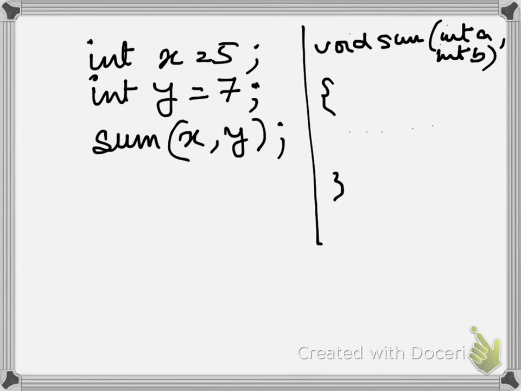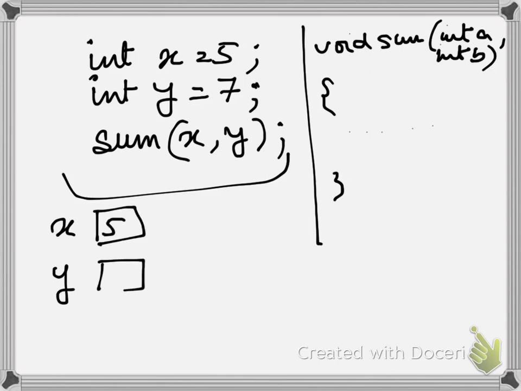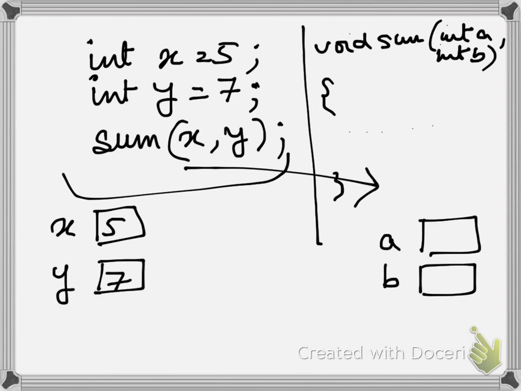If you look at this part of the program, here I have two variables x and y, 5 and 7, and here I have the variables a and b. Now this part of the program cannot access a and b.